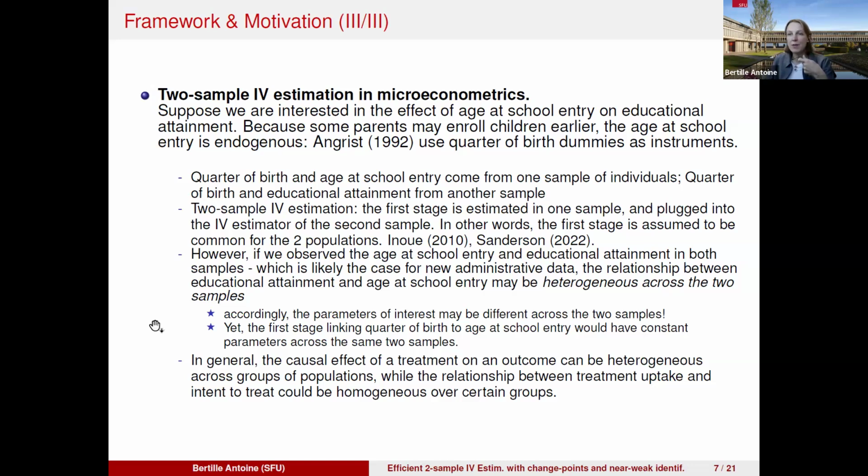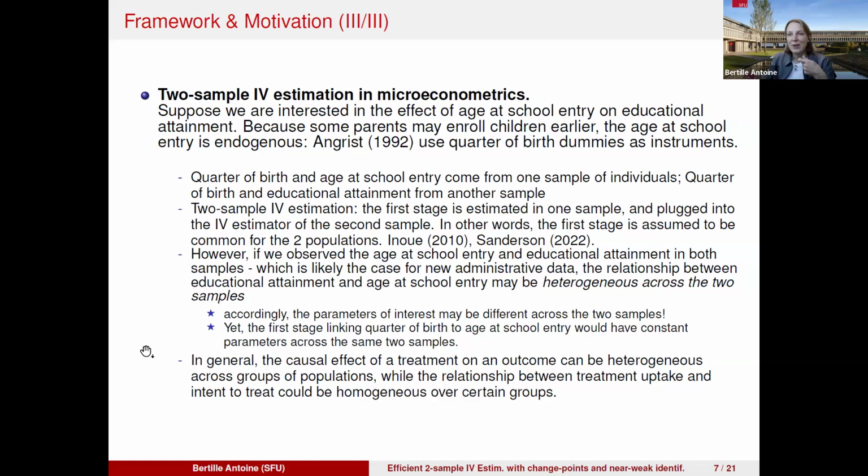So this is, broadly speaking, group heterogeneity because we have two samples. But more broadly, you could also think about group heterogeneity where subgroups of your population may be facing different slope parameters, while the underlying relationship or the intake for treatment may not be changing.